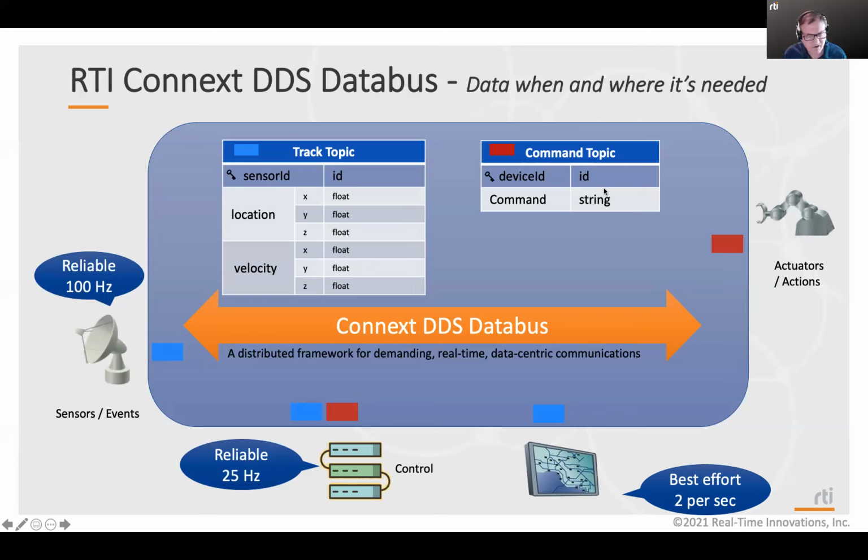And there are a few advantages there. One is that you don't have to write a lot of application code to receive 100 samples a second and sort through them to figure out which ones you want or throw away the ones you don't want. That's done by the middleware on the writer side.